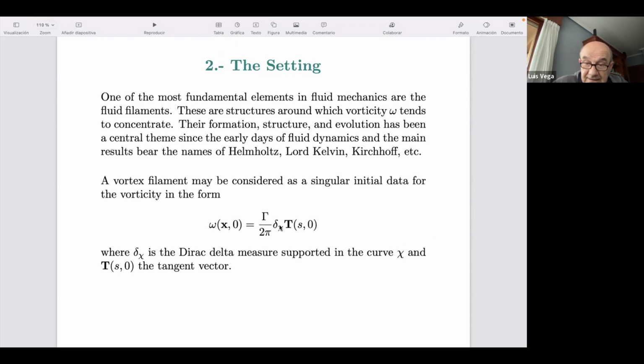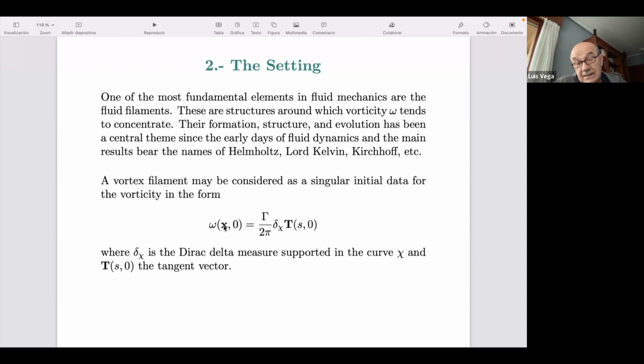And is a delta on this curve. The strength of the delta measure is gamma over 2 pi, just think in terms of gamma. And because omega has to be a vector, the direction of this vector measure is nothing but the tangent vector at a given point of the curve sigma, right?